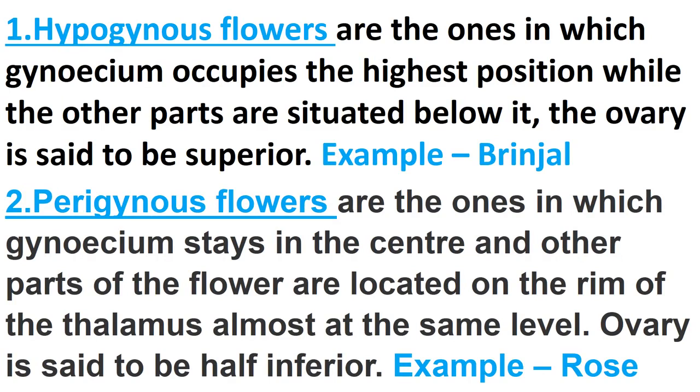First is hypogynous flower. So these are the flowers in which gynoecium occupies the highest position, while the other members like anther, sepals and petals, okay, so these parts are situated below it. So here gynoecium occupies the highest position, and you know ovary is the main part of the gynoecium. So if the ovary is at the highest position, that ovary will be called superior to other members, okay.